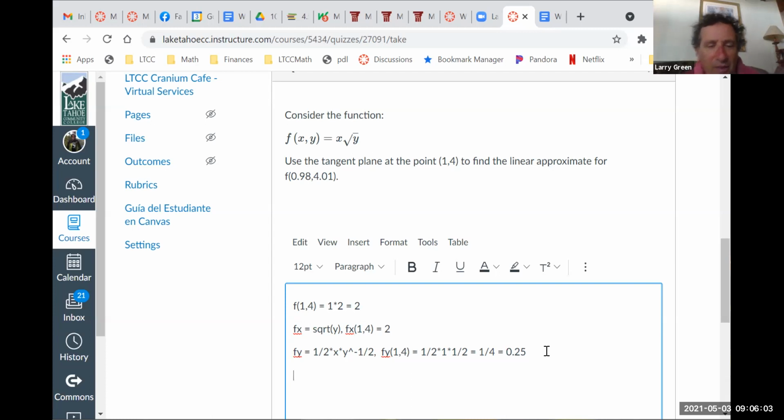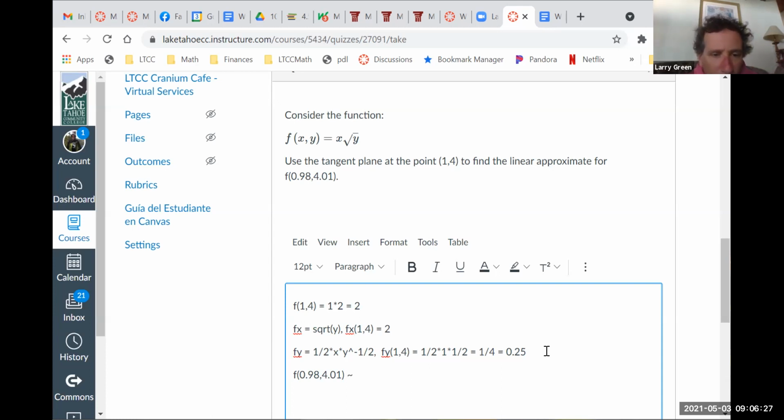Okay, so now that we have that, what we're going to do is say that f of (0.98, 4.01) is approximately equal to, and what you do is basically you plug it in the tangent plane equation.